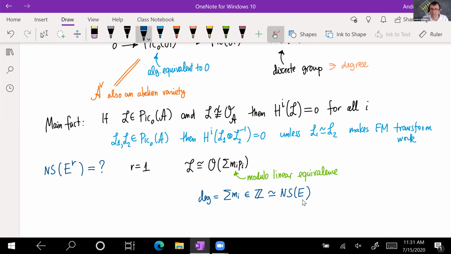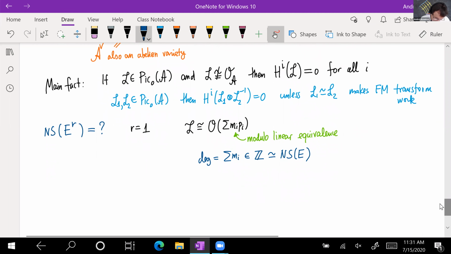And in fact, what's remarkable for abelian varieties is that the Picard functor is represented, in the fancy language of algebraic geometry, by a fine moduli space. It means that not only does it parameterize line bundles, but there's a universal line bundle, which parameterizes all possible line bundles of degree 0. And the way it looks for an elliptic curve, E-check is isomorphic to E. And then what we need is the universal family.